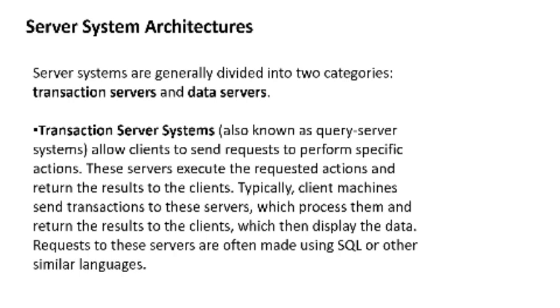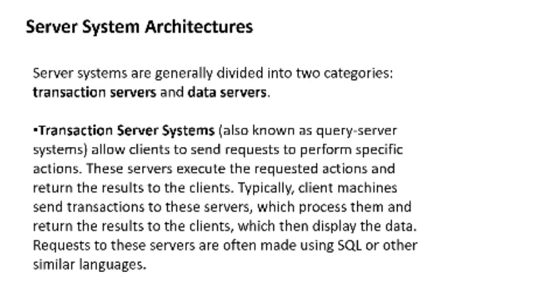Now we are going to see the server system architecture. Server systems are generally divided into two categories: transaction servers and data servers. Transaction server system, these are also called query server systems.